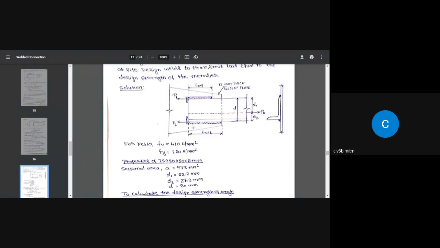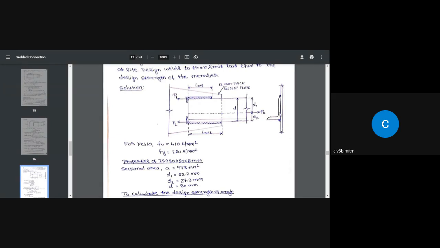Here we need a longer weld on this side and a shorter weld on this side. The reason is, if you come to the cross section, we have some area here and some more area gets added to this weld. This is the area which is transferring the force to this gusset plate through this weld.